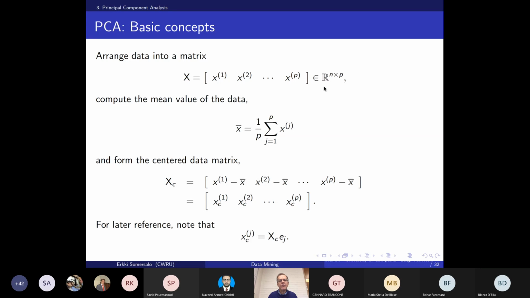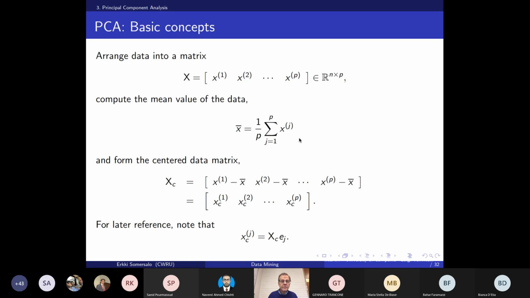It is an n by p matrix. I'm trying to use these n and p exactly in this way throughout these lectures. n refers to how many components we have in our data, and p tells me how many data points I have. Data is arranged in a matrix of size n times p, and typically in data applications p is larger than n, but not always.